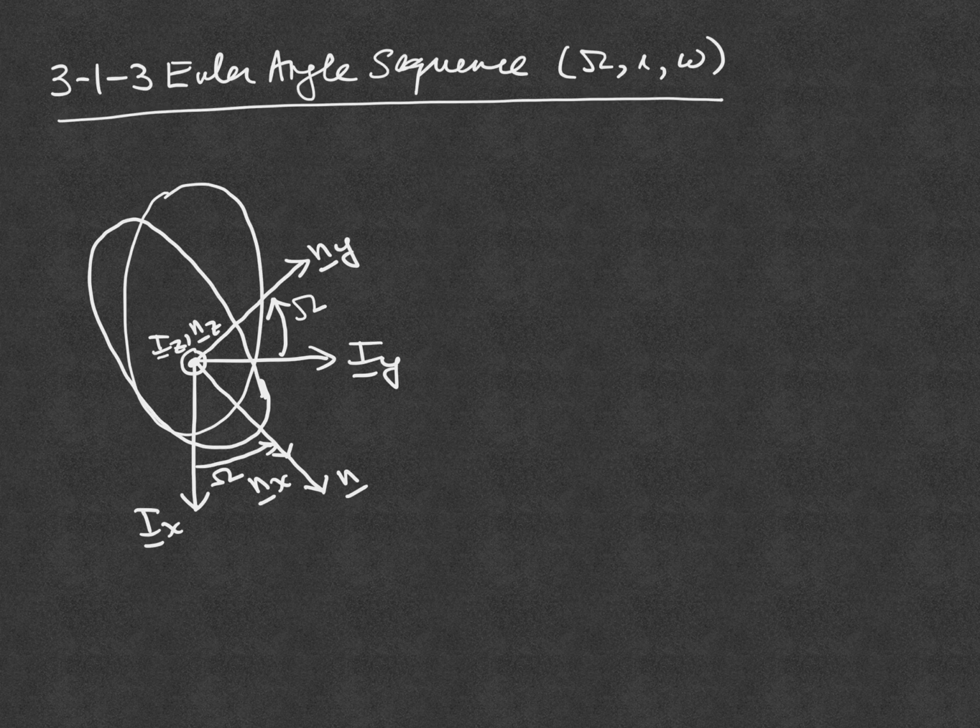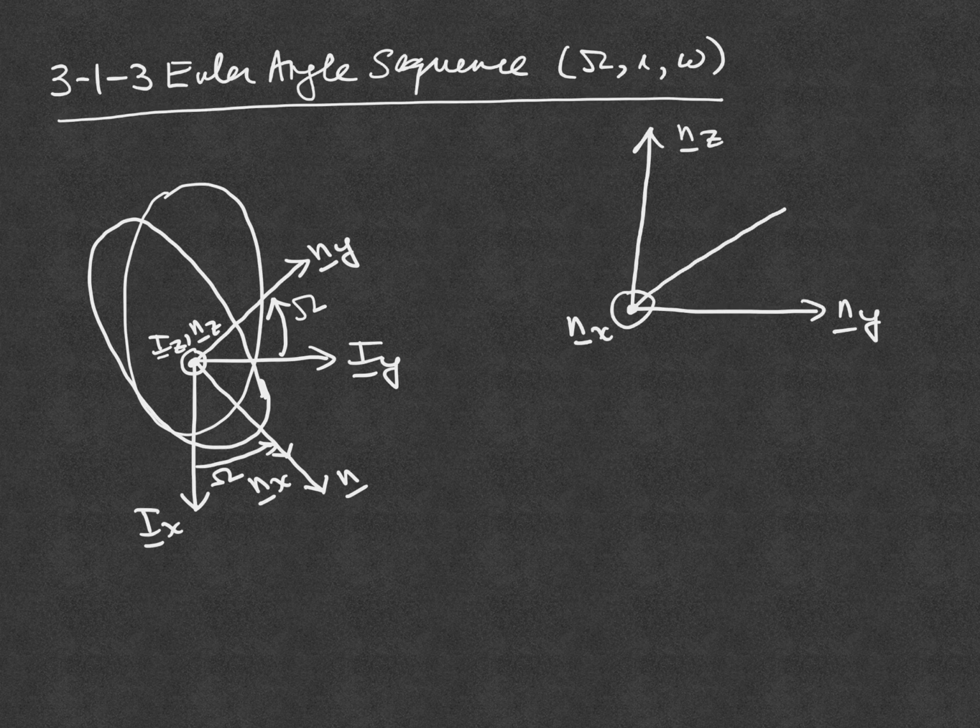So if I now look at n sub x, and I say it's out of the page, so this is now the second rotation, then that means that n sub y is this direction, as I've shown here, and n sub z is this direction. But now I'm doing a positive rotation about the direction n sub x, which means that I get a new orientation of this orbit.